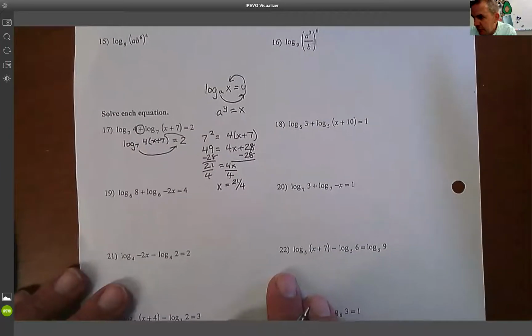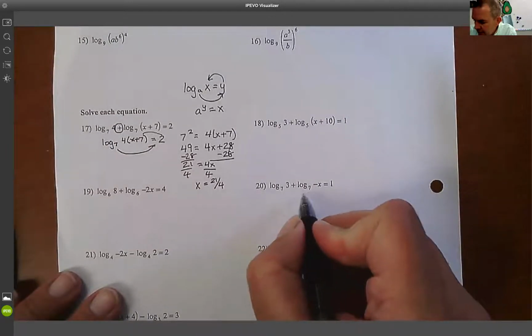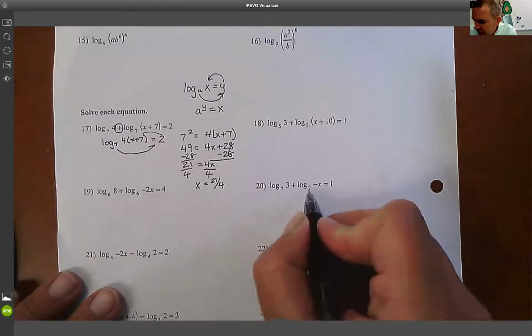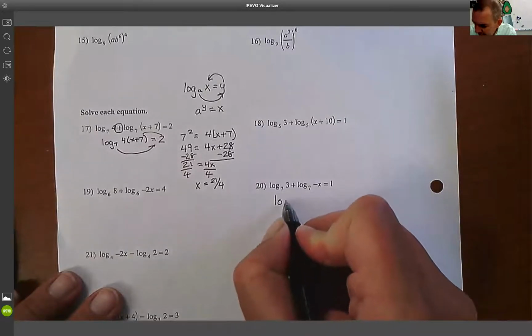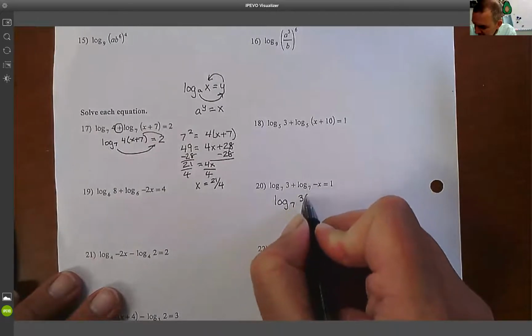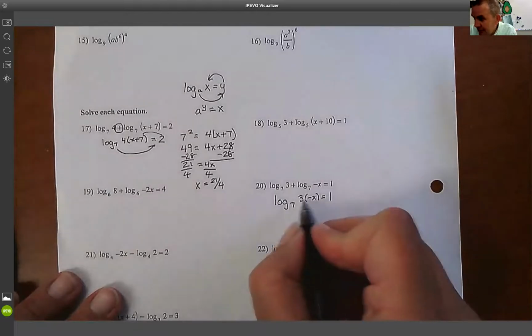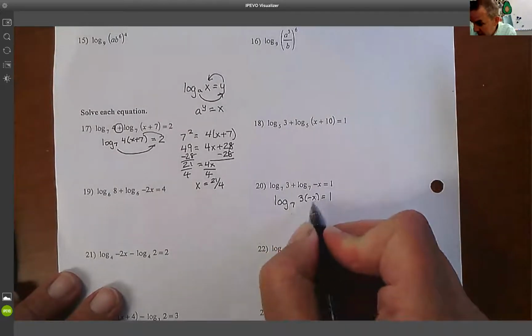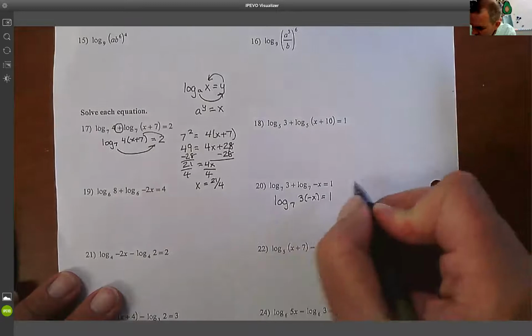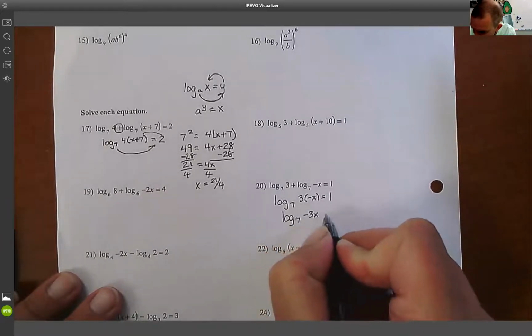Let me show you another, like number 20: log base 7 plus log base 7. These two logs have the same base, so I can condense them. It's not an addition or subtraction inside, it's a multiplication, 3 times negative x, which is negative 3x. So this ends up being log base 7 of negative 3x equals 1.